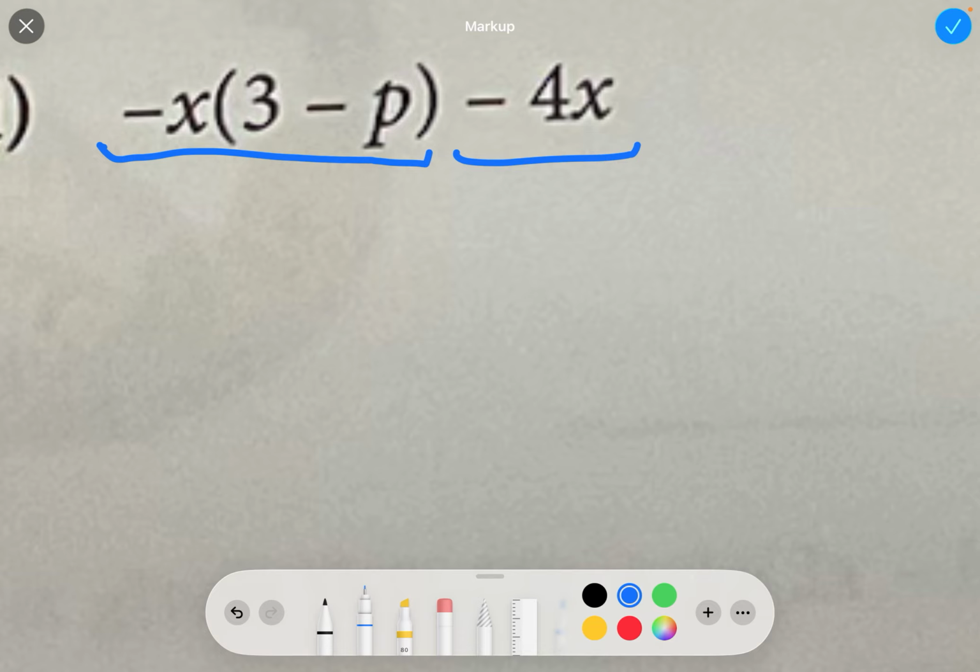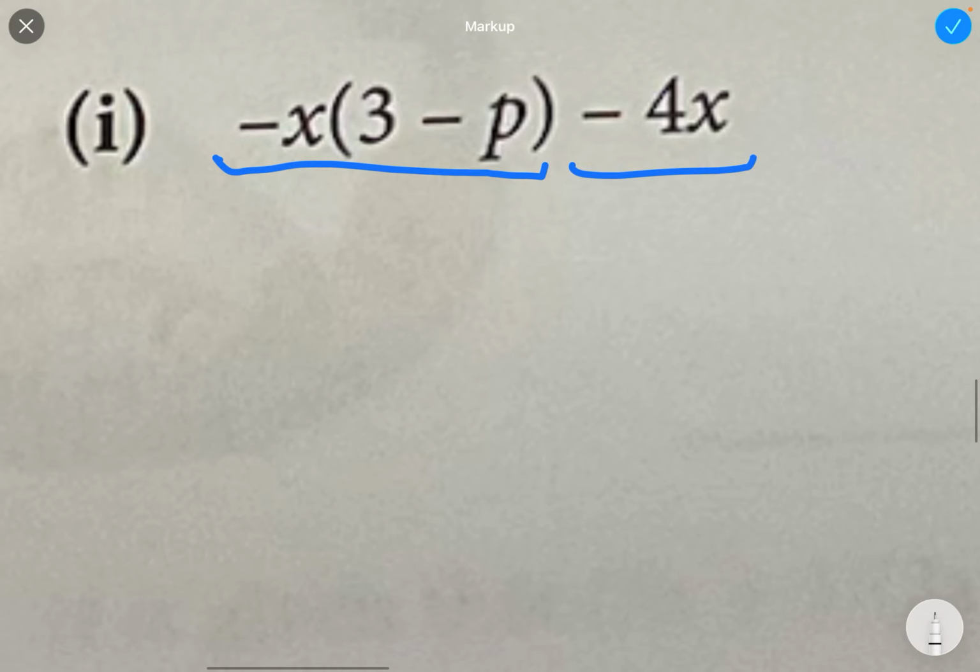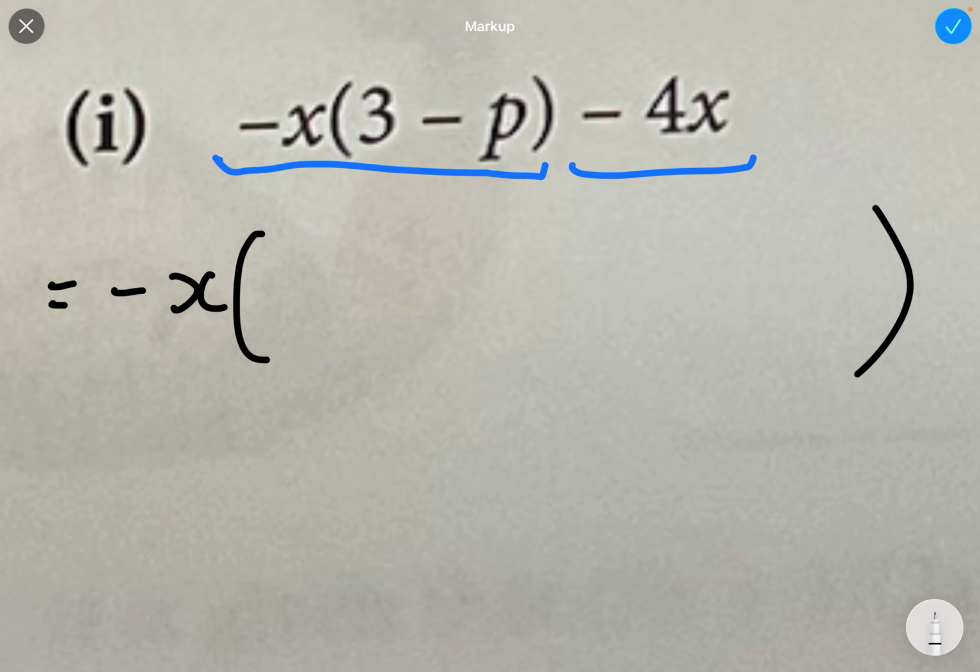So negative is common, x is also common. Okay? So if I want to factorize and factorize the negative at the same time, I will take out negative x. I started with two terms. So inside my bracket, I should have two terms.